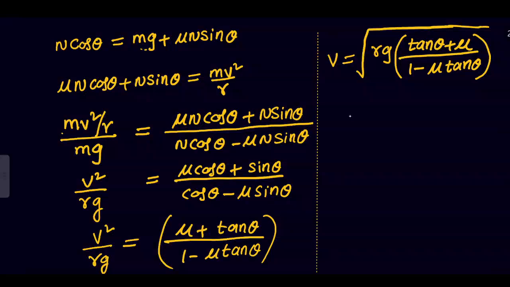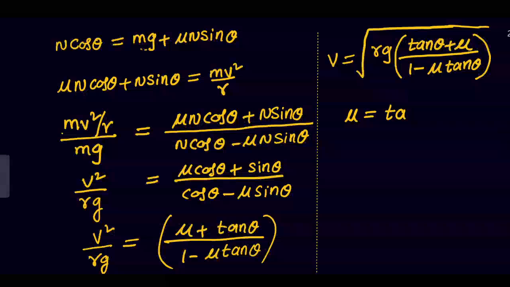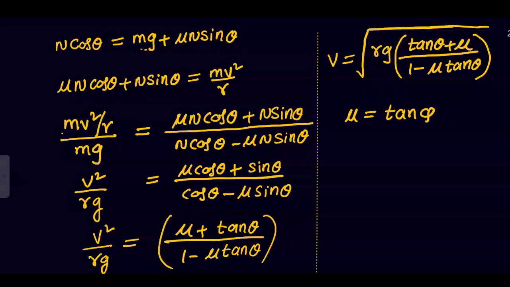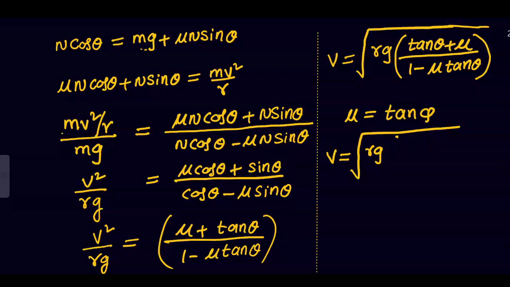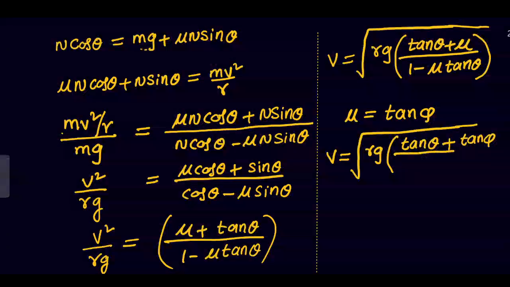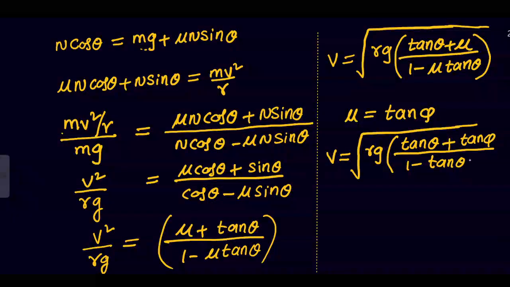Here mu is equal to tan phi, the angle of friction. Then v is equal to the square root of Rg into tan theta plus tan phi by 1 minus tan theta into tan phi.